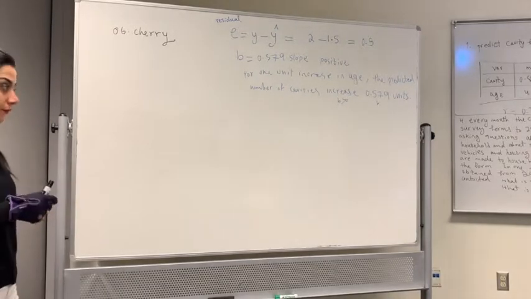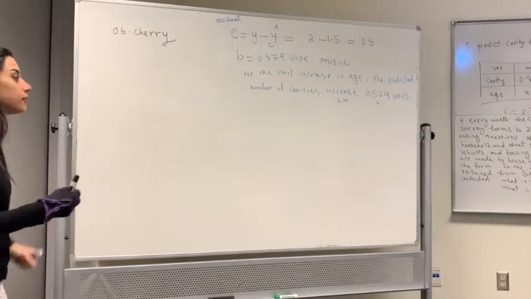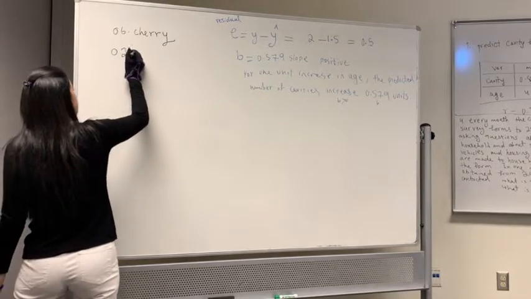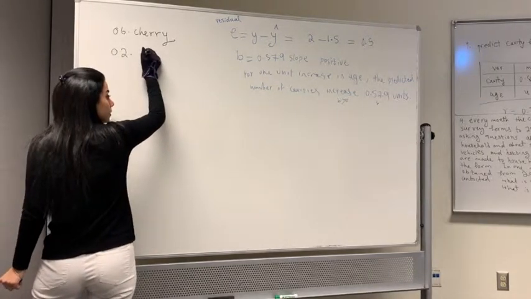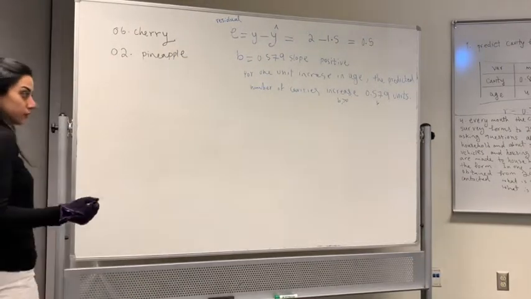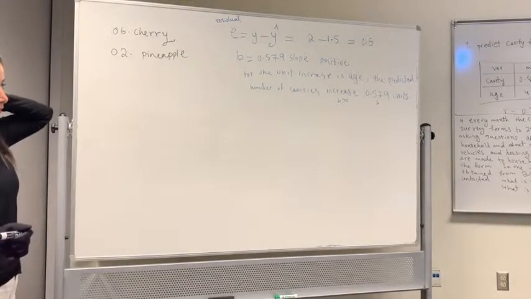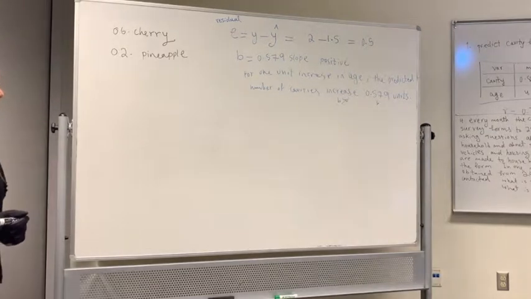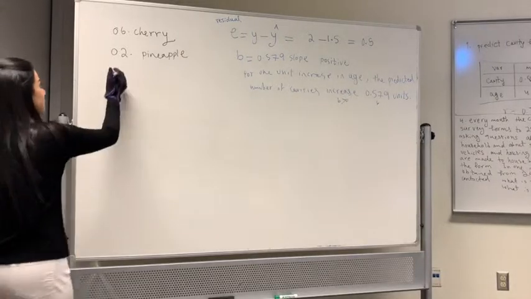The next number is 54, 49, and then 02, pineapple. 2 more, right? We should continue. We have 37, 79, 31. Do we have 13? No. 84, 20, 02. But we already have it, correct? No repetitive number. After 02, we have 10.